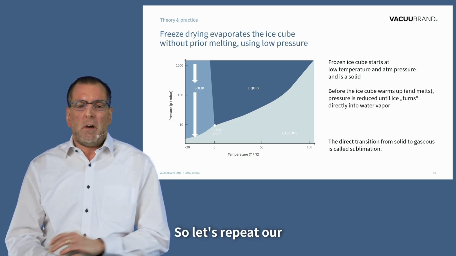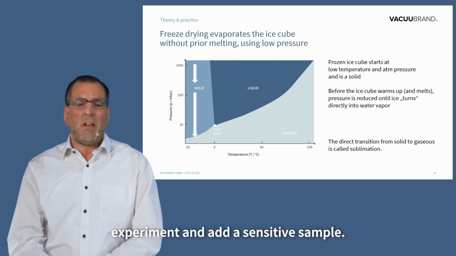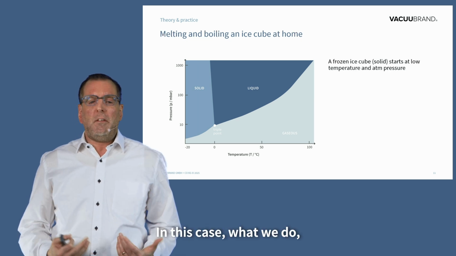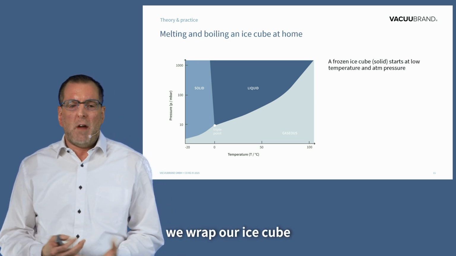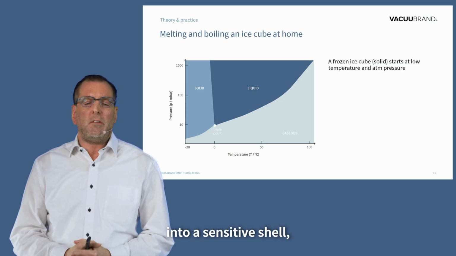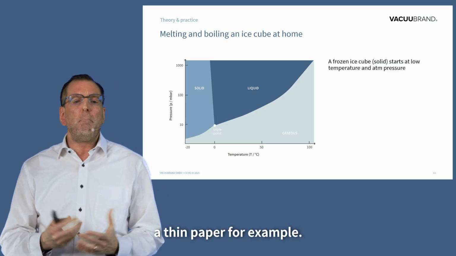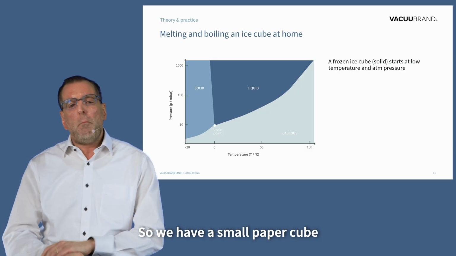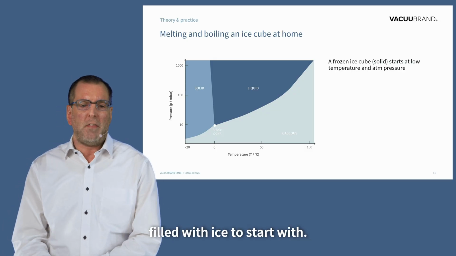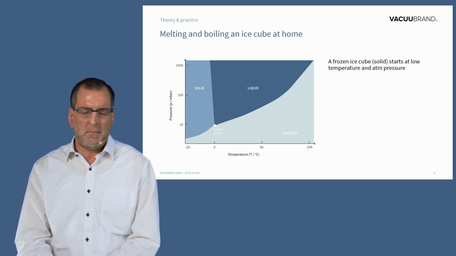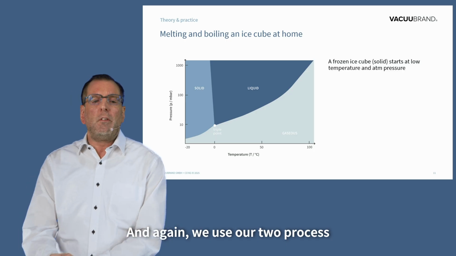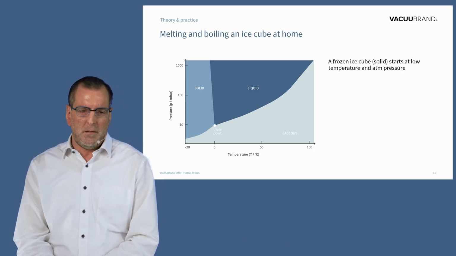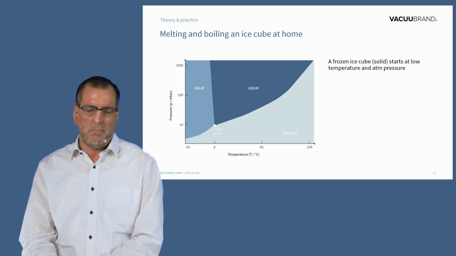So let's repeat our experiment and add a sensitive sample. In this case, we wrap our ice cube into a sensitive shell, a thin paper, for example. So we have a small paper cube filled with ice to start with. And again, we use our two process parameters available. At first, temperature.